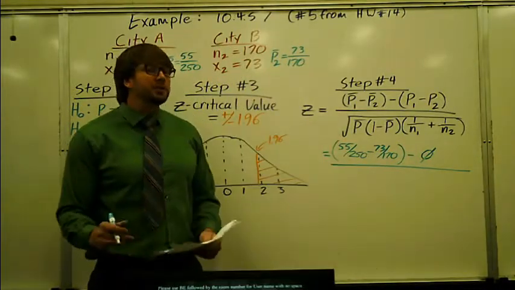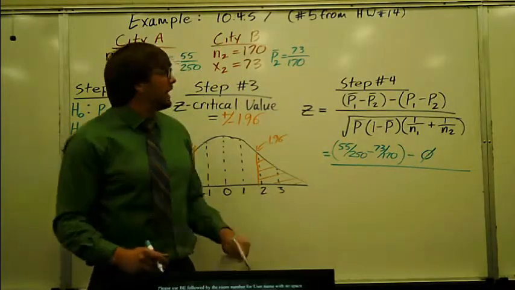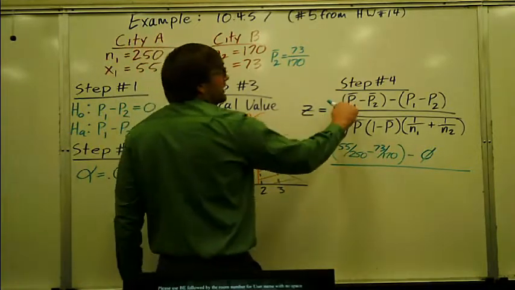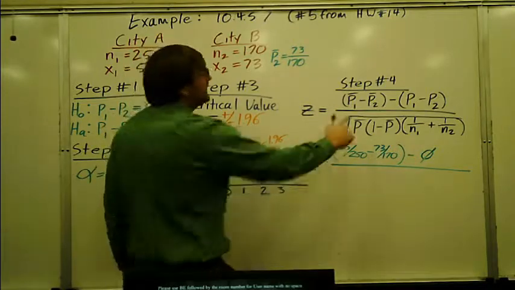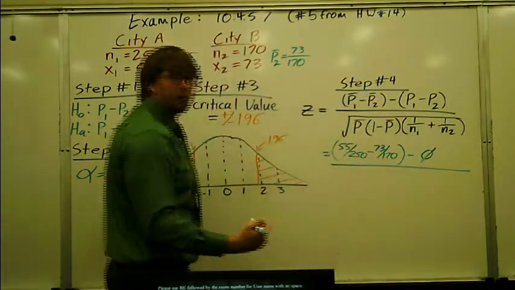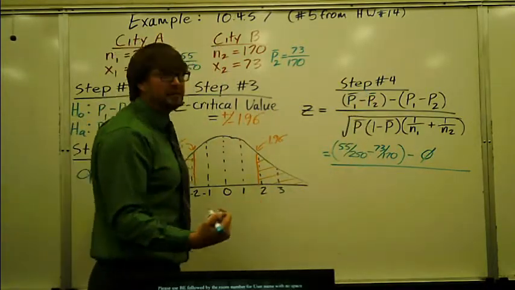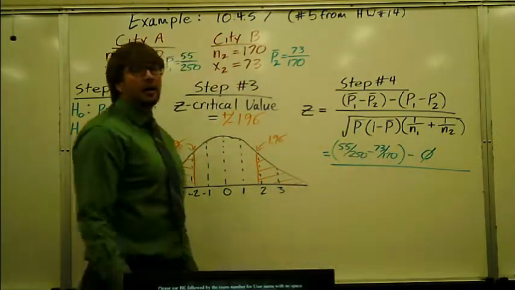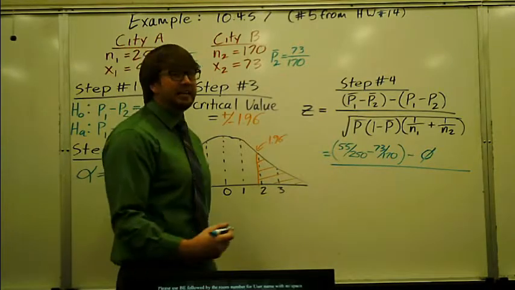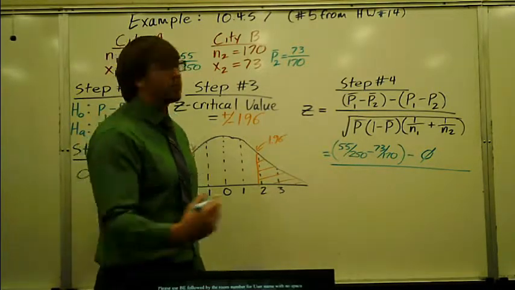Now, this is where some people get confused. So here we had p hat 1, or sample proportion 1, p hat 2, or sample proportion 2. But notice down here in the denominator, we just have plain p hat. So plain p hat is just the overall sample proportion.